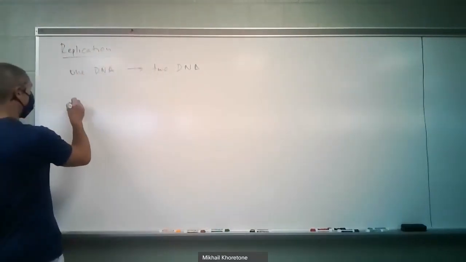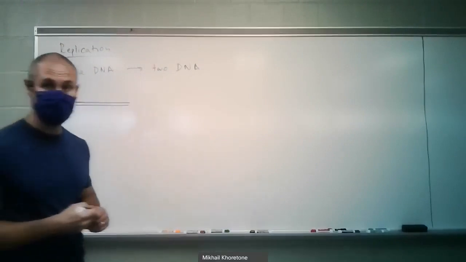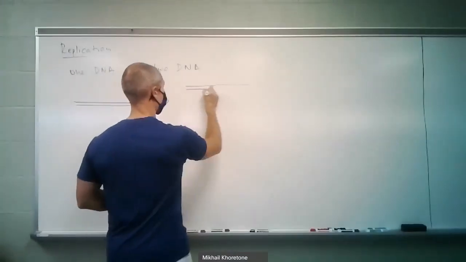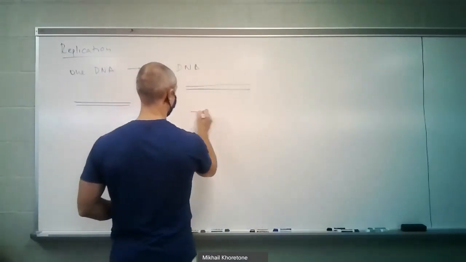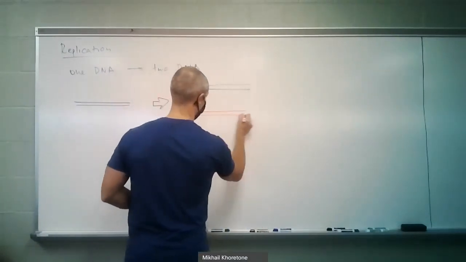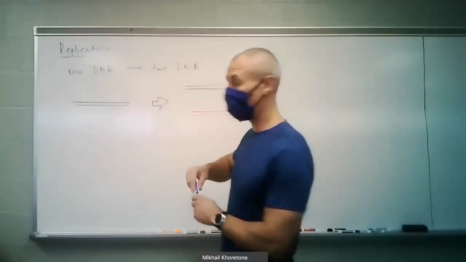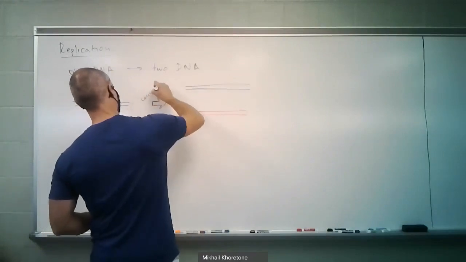So the first possibility was that you have an original DNA, and then after replication, you still have the original DNA, and you have a completely new copy. So this mechanism of replication was called conservative.